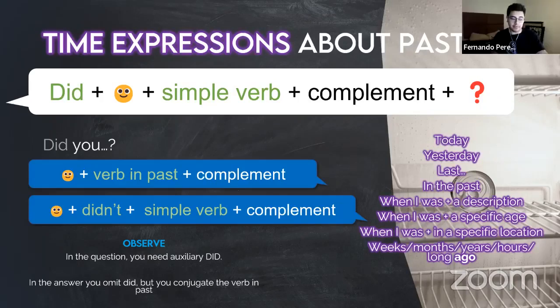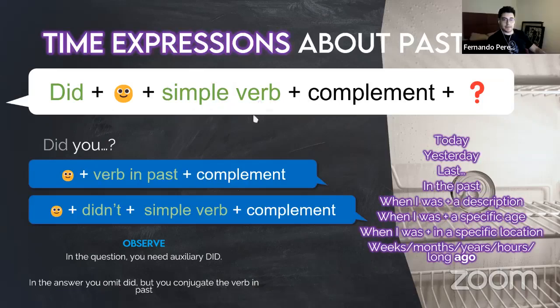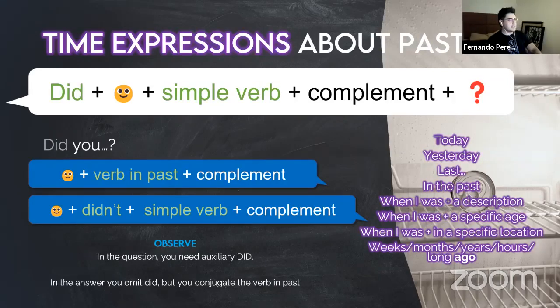Okay, we need to check. Probar in English is called taste. No, sorry, only taste because it's simple. Did you taste a new coffee yesterday? That actually is negative too. I didn't taste a new coffee yesterday.